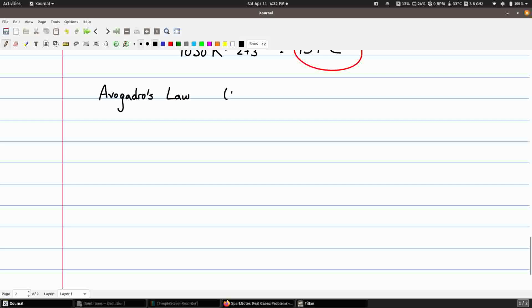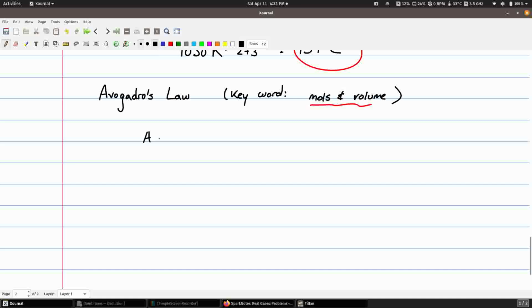So your key words are moles and volume, and that's it. If you don't see temperature and you don't see pressure, you just see this, there you go. That is your key thing that you're looking for.